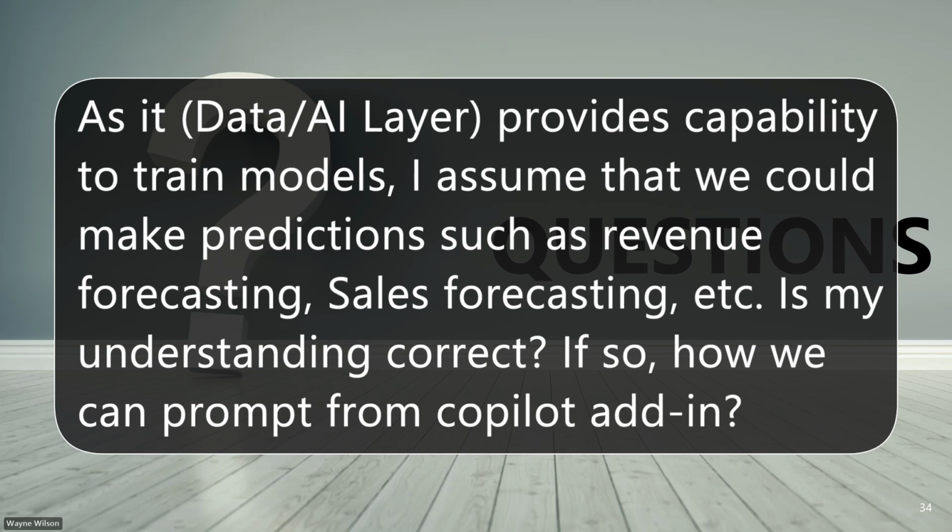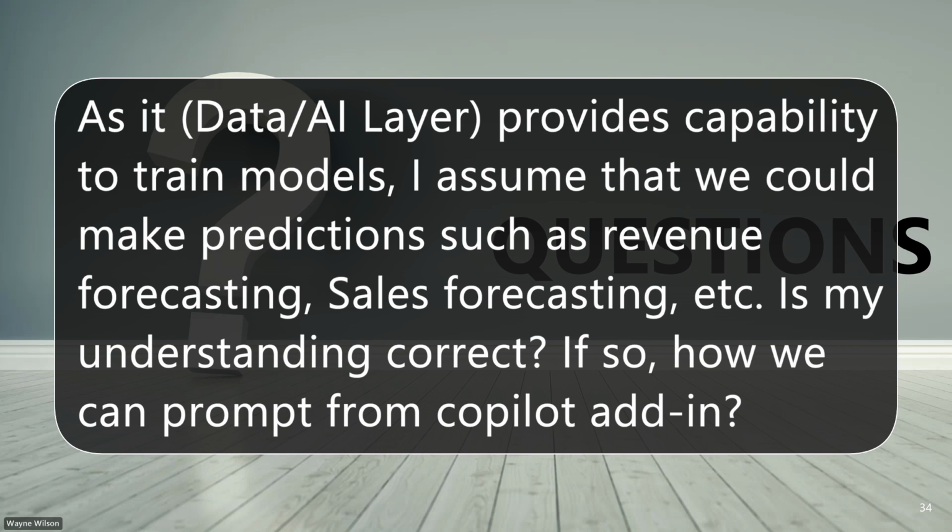As its data AI layer provides capability to train models, I assume that we could make predictions such as revenue forecasting, sales forecasting. Is my understanding correct? If so, how can we prompt from the Copilot add-in, and is this in any documentation? I think just to clarify, from that diagram, we do not imply that any training is done. We consume the models.